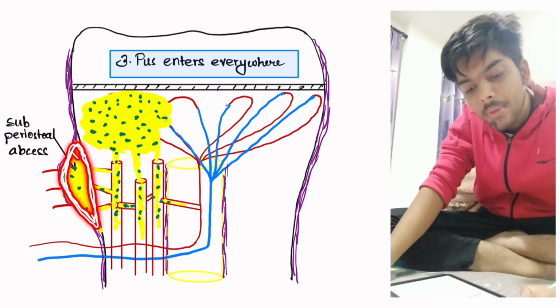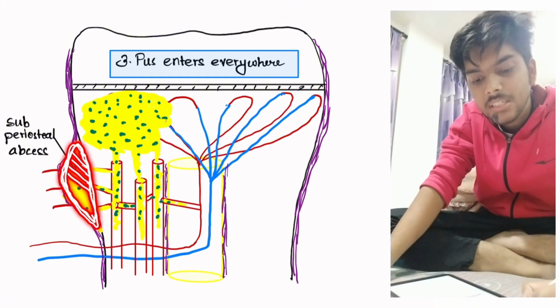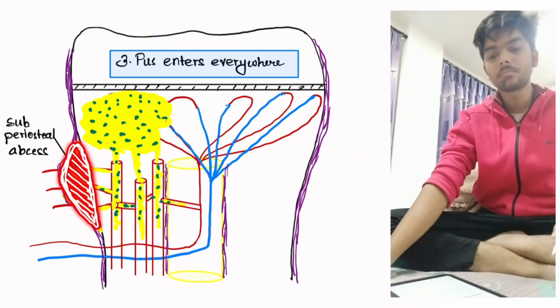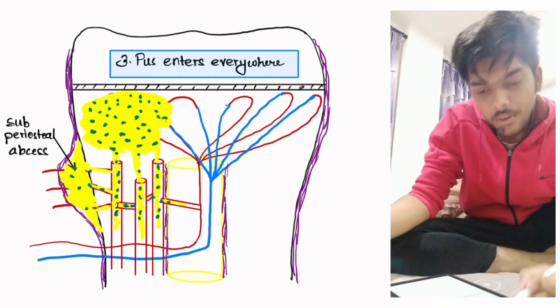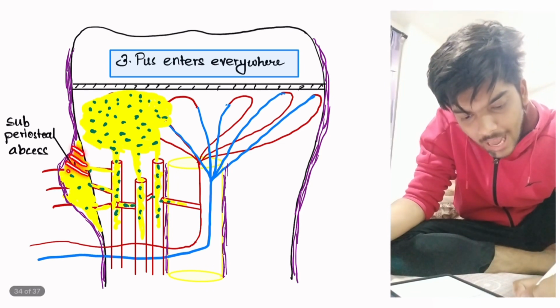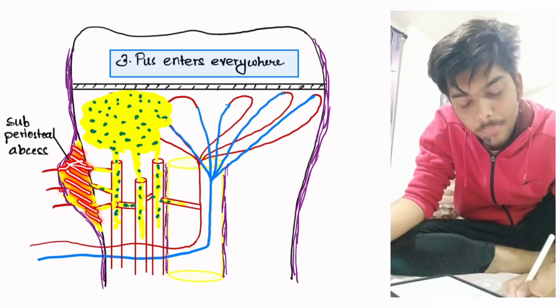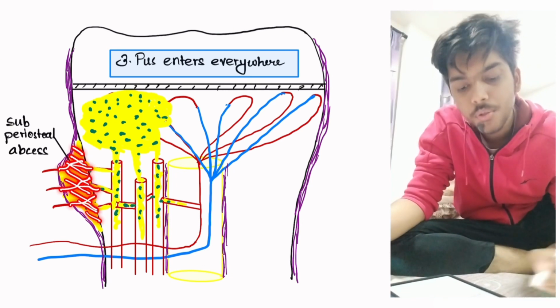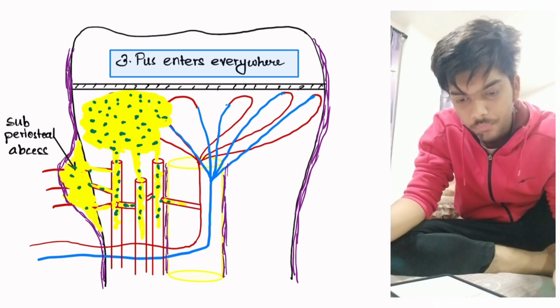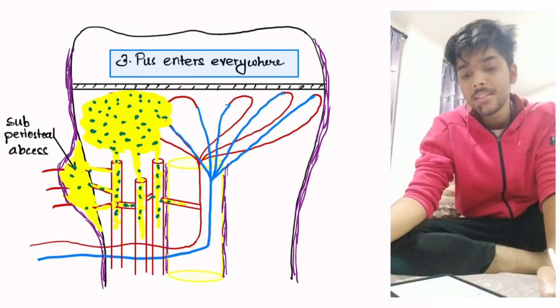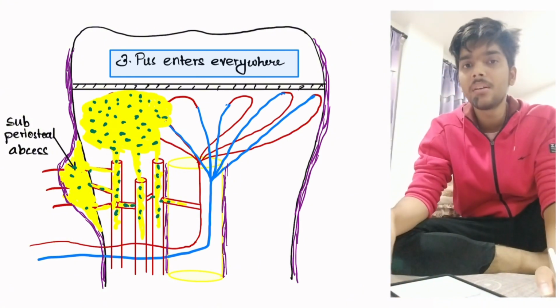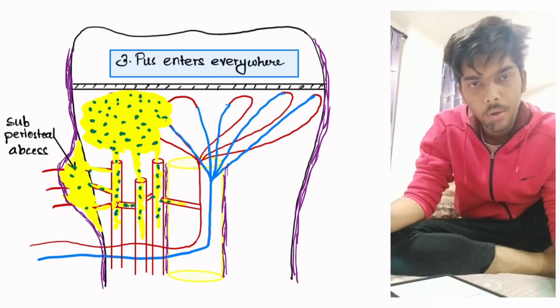So it's called a subperiosteal abscess. During the formation of a subperiosteal abscess, the periosteal blood vessels also get destroyed. See, what has happened is that pus has entered every pipe it has found.